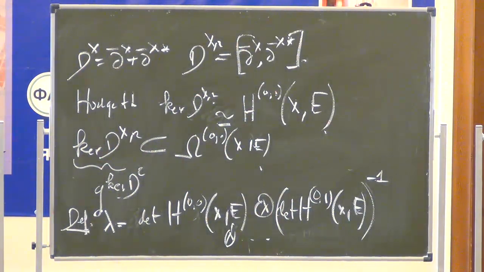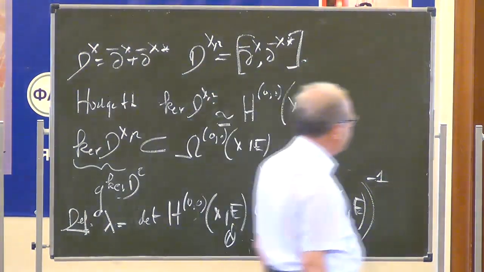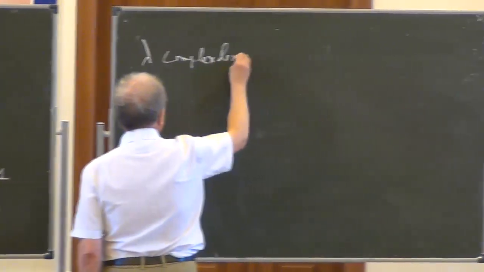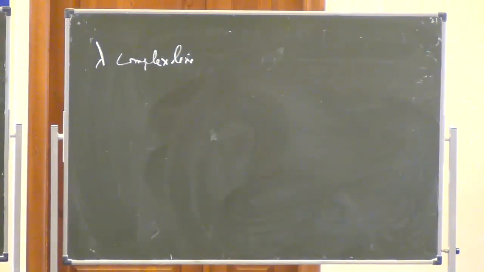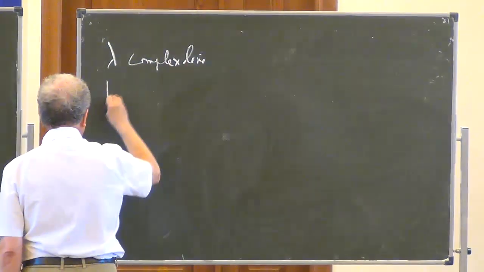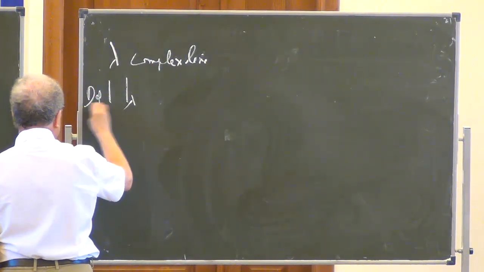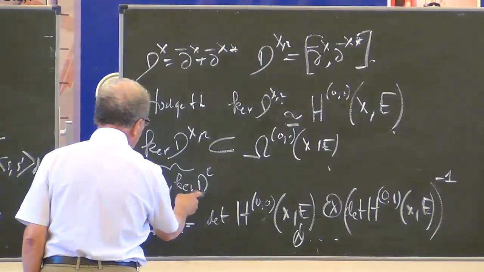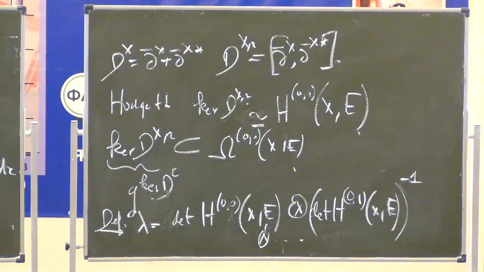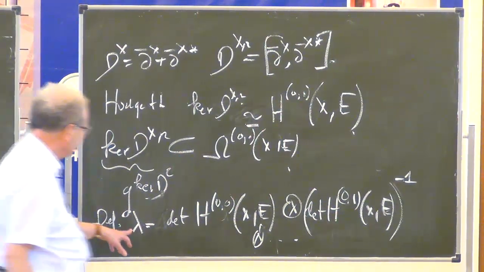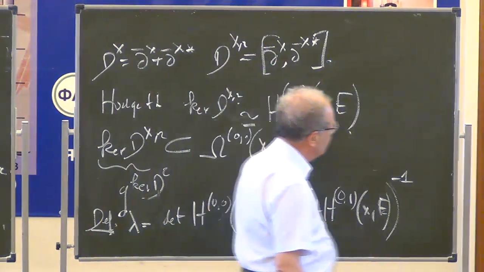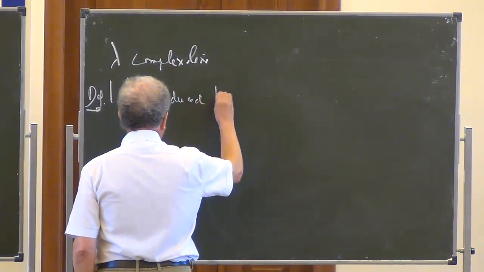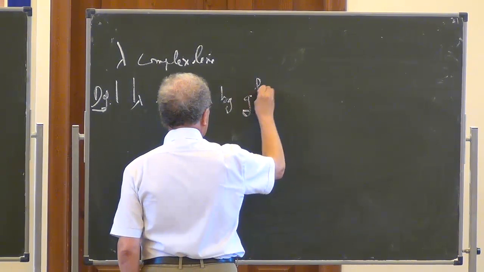So λ is indeed a complex line, the so-called determinant line of the cohomology, and I define on λ the metric which comes from the harmonic forms. That is, I just identify the cohomology with the harmonic forms, and then this is a metric induced by the metric g^{Ker D^2}.